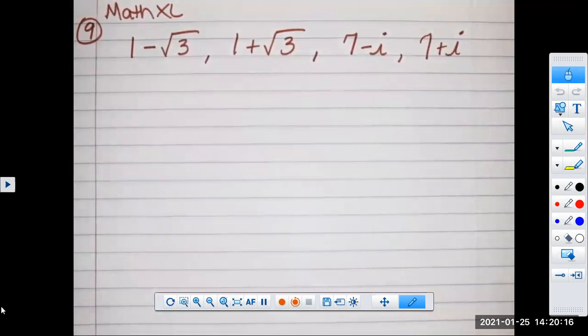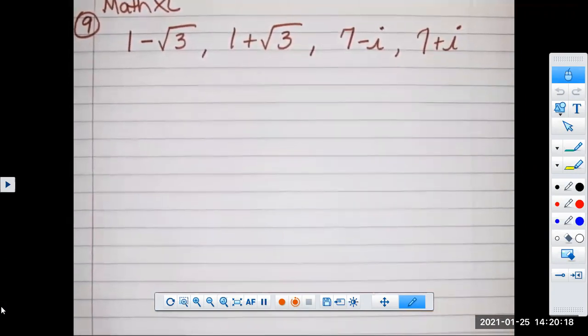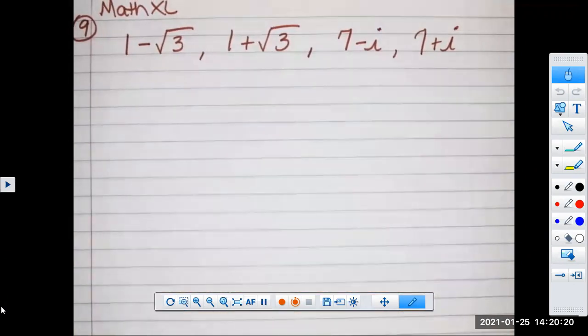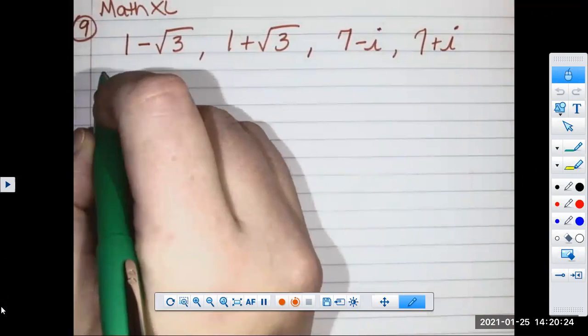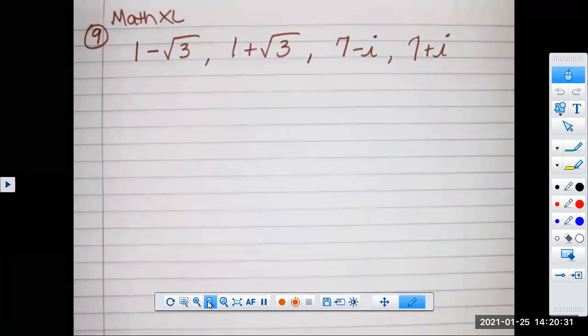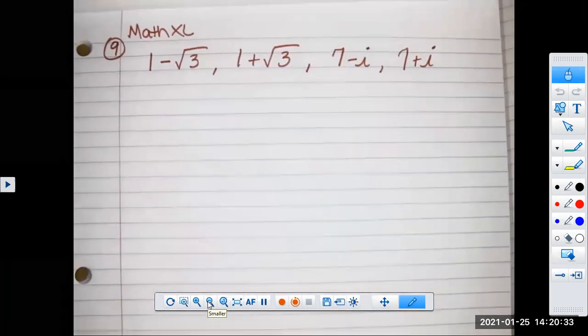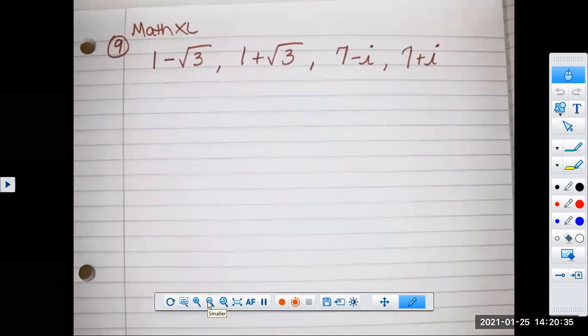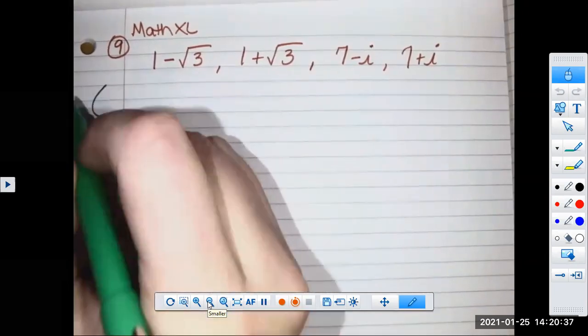All right, what you're going to do, since they give you your roots with multiple terms or 2 terms, you're going to write them like this. Let me make sure I leave myself plenty of room. You might have to write small, so leave yourself plenty of room. I'm going to start out to this side.